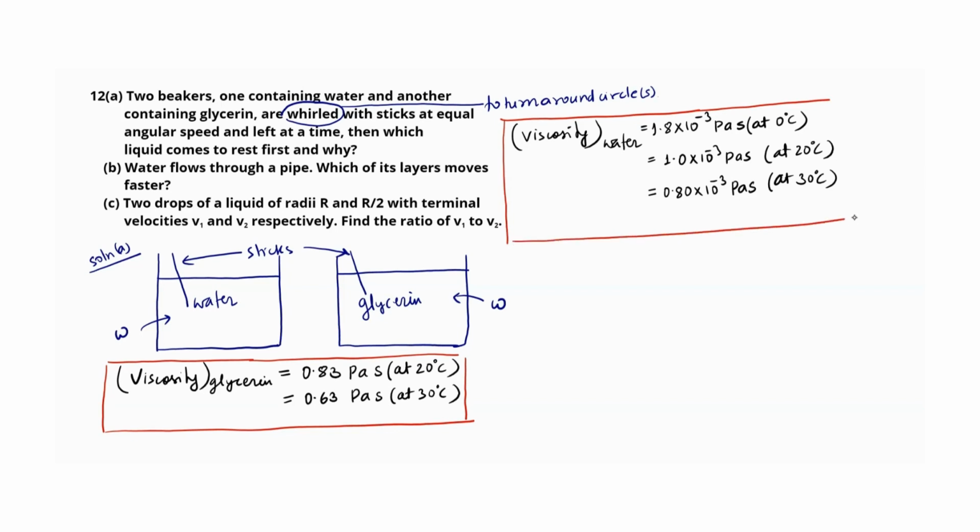Now, when we compare the viscosity of glycerin with the viscosity of water, we find glycerin is more viscous than water.